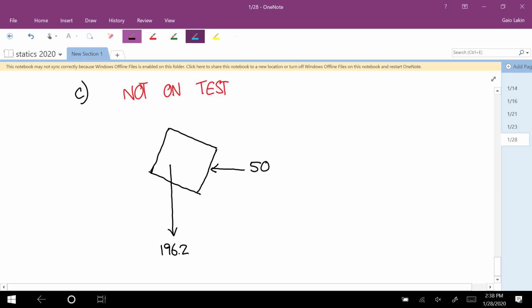So let's say it's like this. Okay. That's the force on the block by the incline.